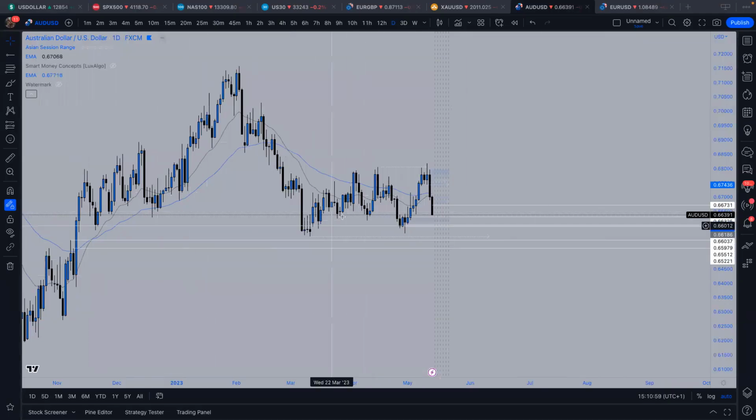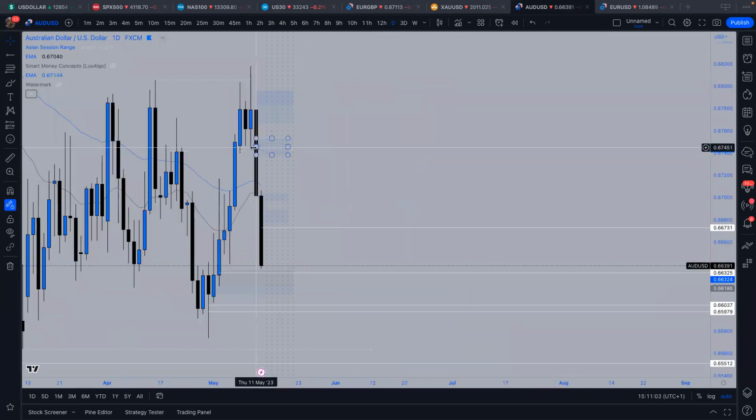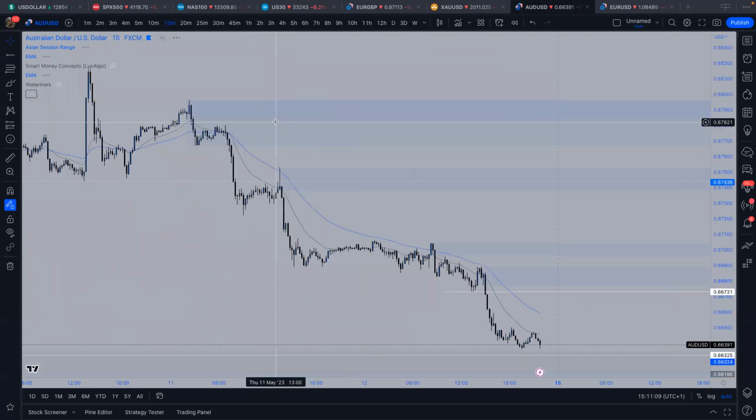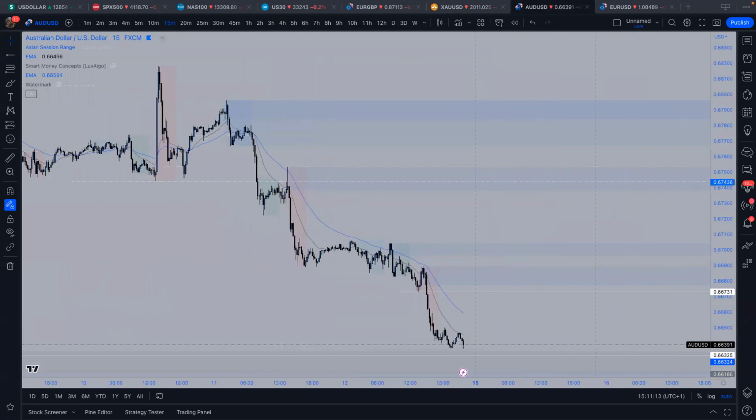So that doesn't mean AU couldn't have a run down into these lows. Potentially could see daily imbalance get met, which I would then be looking for maybe off this 15-minute. But again, let's not get too hasty. It is quite nice to see the London high, the New York raids, the breaks of structure. A lot of liquidity also resting in the form of highs up here. So it's going to be quite interesting.